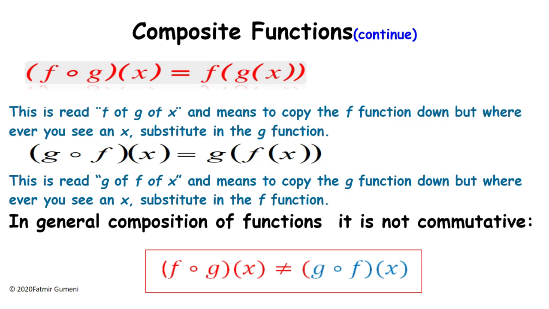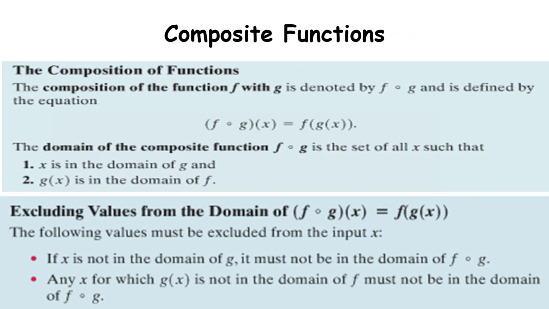In general, composition of functions is not commutative. F compose g of x is not equal to g compose f of x. The composition of function f with g is denoted by f circle g and is defined by the equation f composed g of x equals f of g of x.